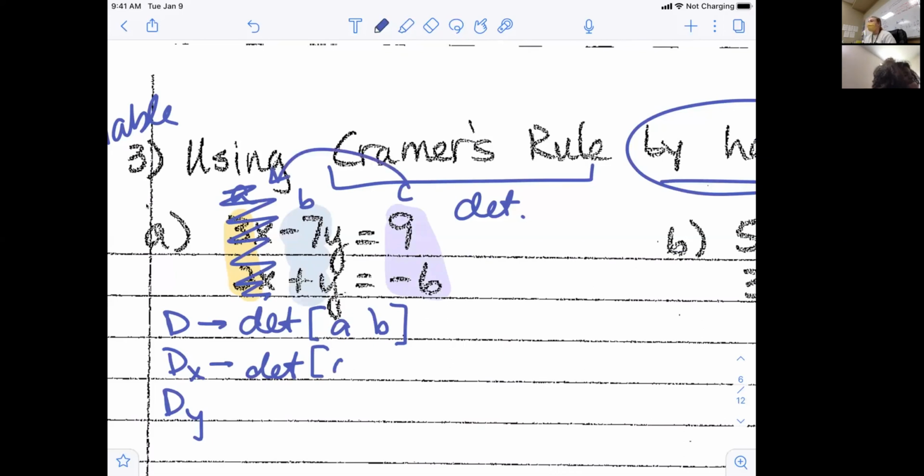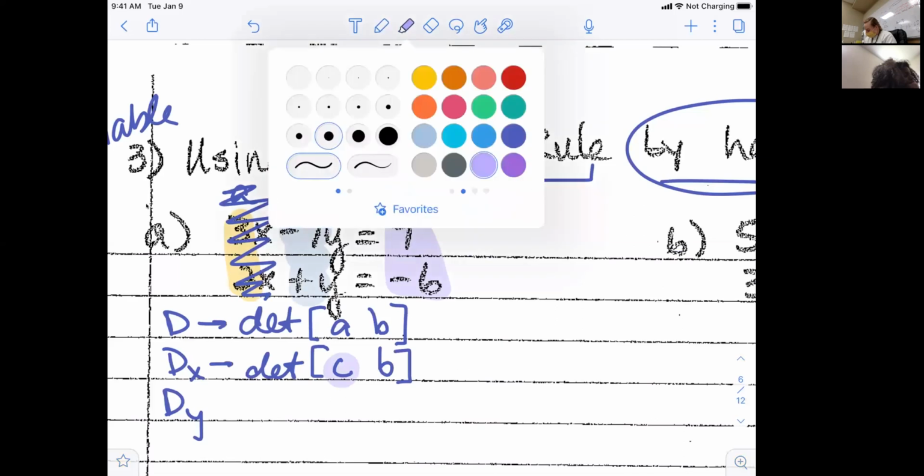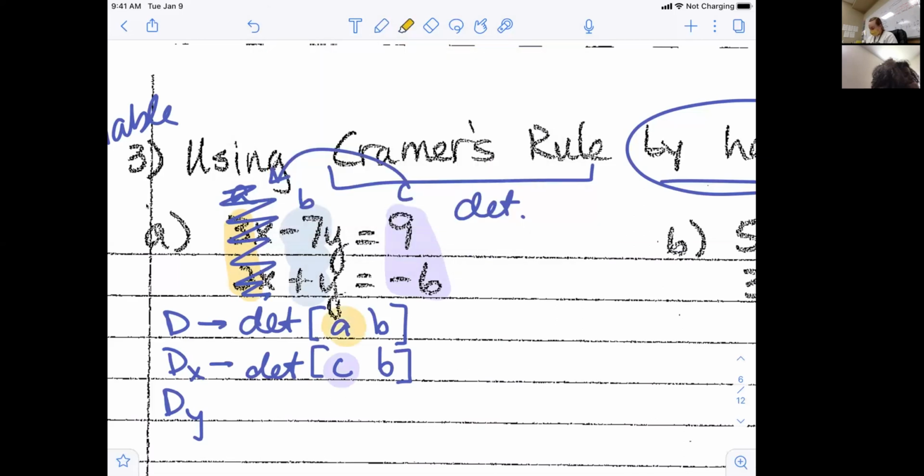So I'm going to put C first and then B. Instead of having A in the first spot, I'm replacing A with C. That is not what I think it should be, so I'm trying to make a big point that it's not in the order that you want it to be. You want it to go B and then C, but it matters that we have C as the first column and then B as the second column.